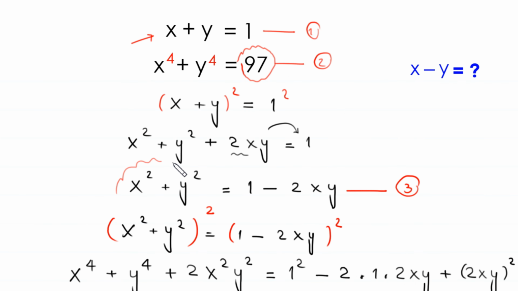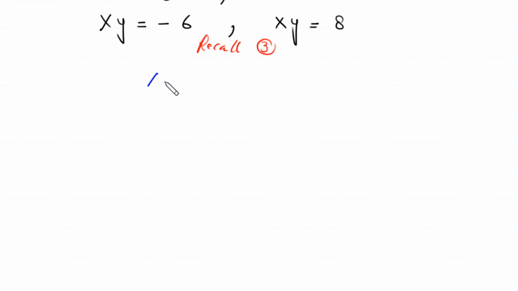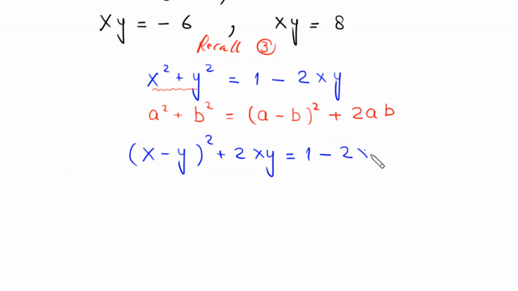Equation 3 is x squared plus y squared is equal to 1 minus 2xy, and by using this algebraic identity, a squared plus b squared is equal to a minus b whole squared plus 2ab, this x squared plus y squared will become x minus y whole squared plus 2xy is equal to 1 minus 2xy.